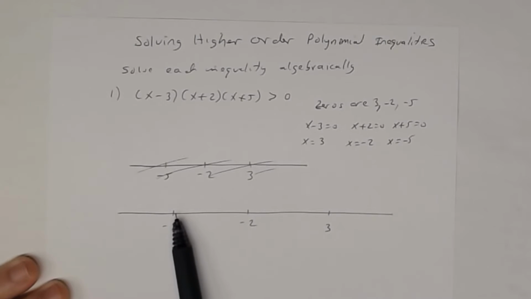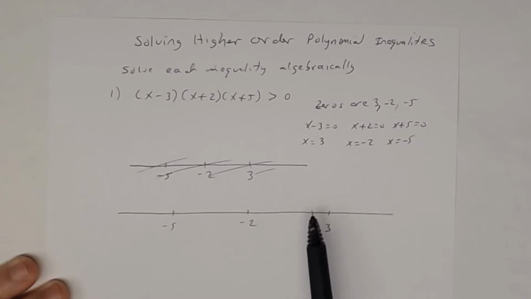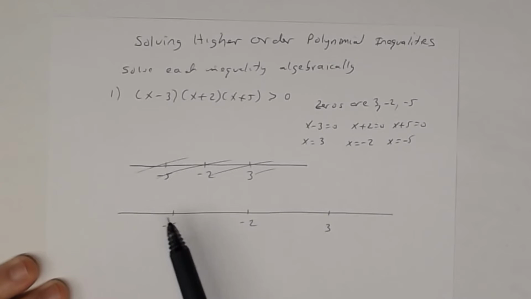That's an interval. You're going from negative 5 to negative 2. That's another interval. You're going from negative 2 to 3. That's your third interval. And then the fourth interval, as you go from left to right, is 3 to infinity. So those 3 zeros divided the number line into, in this case, 4 intervals.